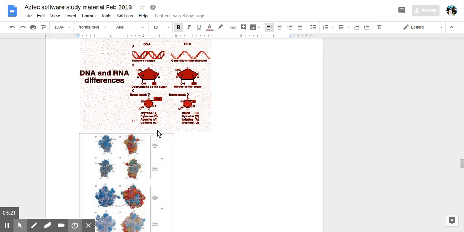The bases, one base is different. In RNA, it's uracil instead of thymine. Uracil has two hydrogens that are missing, and these hydrogens must be probably removed as the DNA strand is cleaved to make the RNA, and could probably be used for its energy or something.